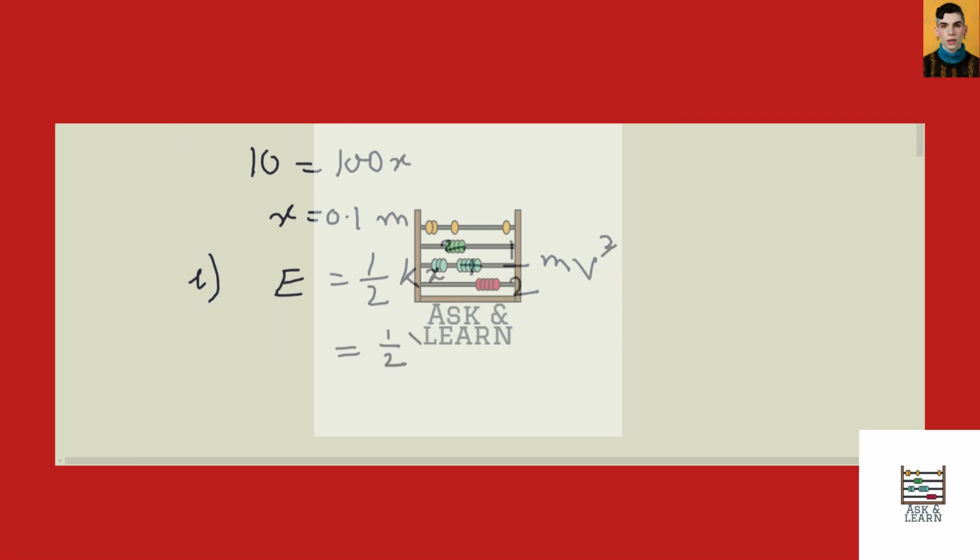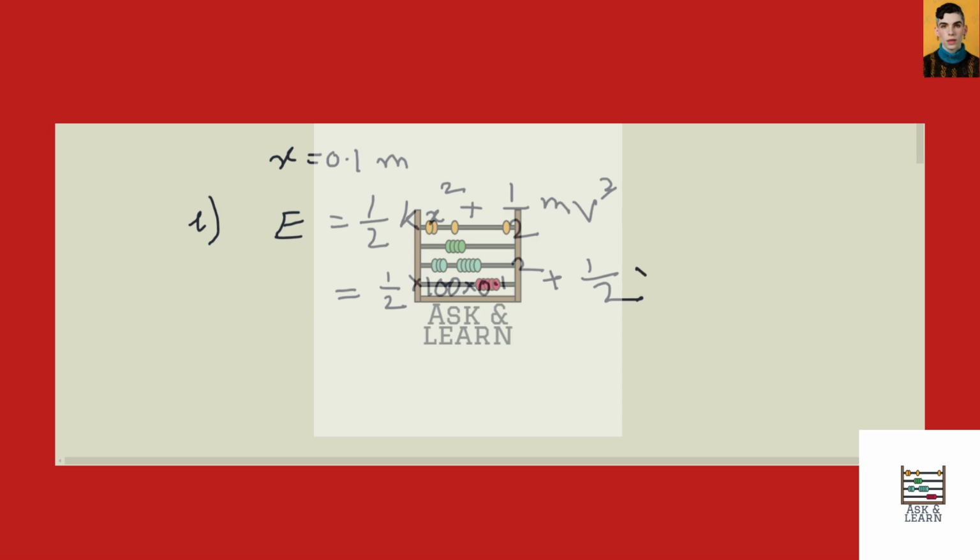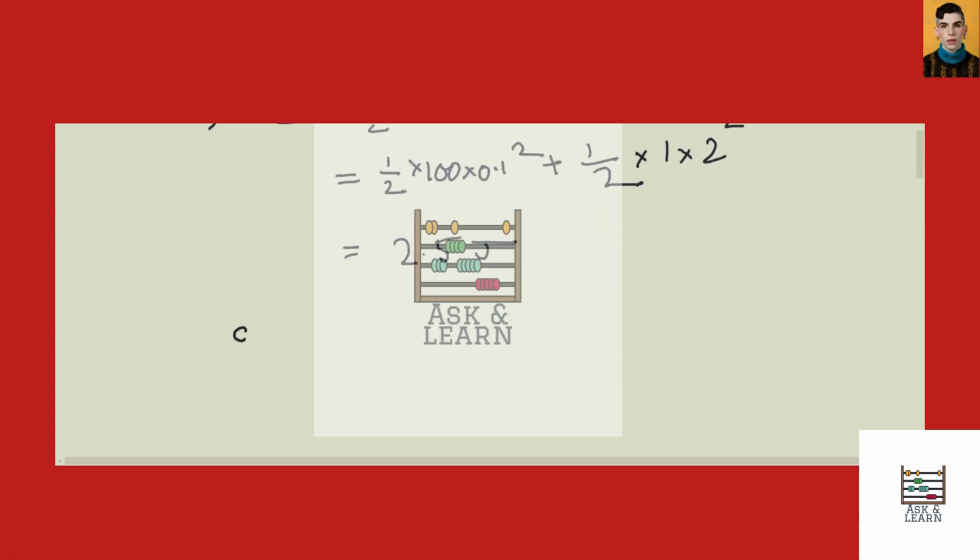Here we have half times k is 100 times 0.1 squared plus half, the mass is equal to 1 kg, and the velocity is given as 2 meters per second. So 2 square, right? If you calculate this, you will get 2.5 joules. This is part B.